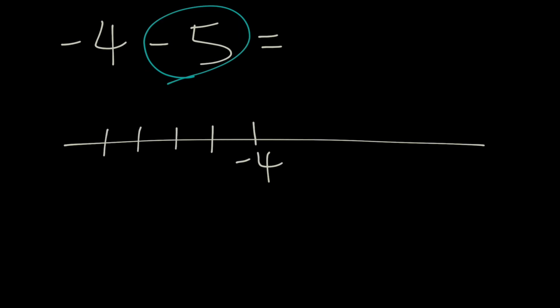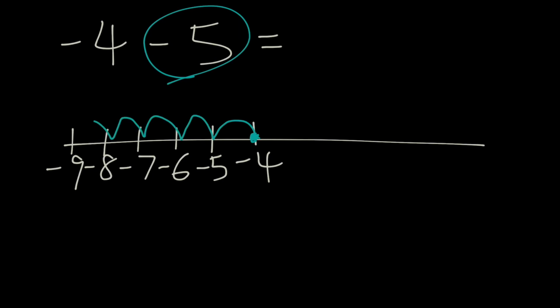So we go 1, 2, 3, 4, 5. So this will be -5, -6, -7, -8, and -9. Starting point at -4, we go 1, 2, 3, 4, 5. So our answer would be -9.